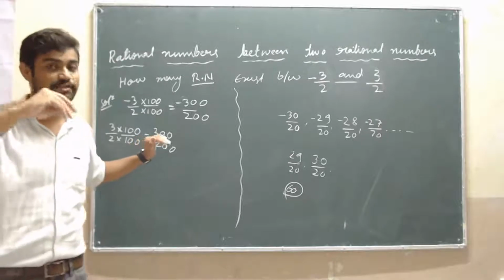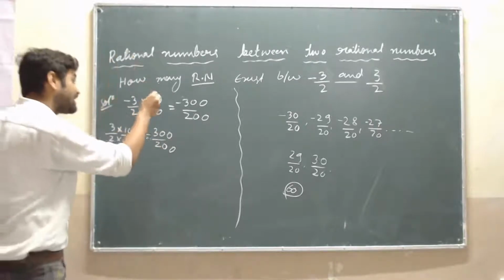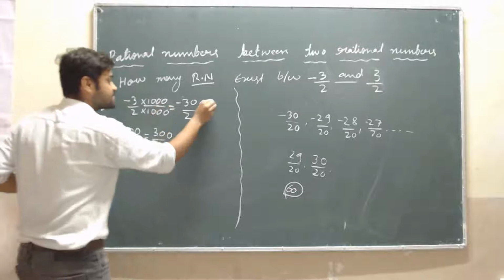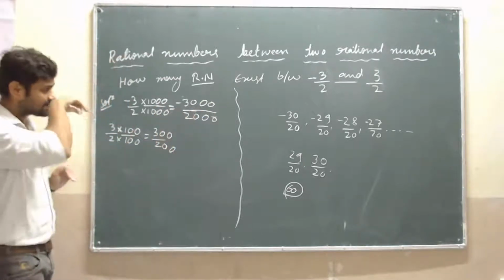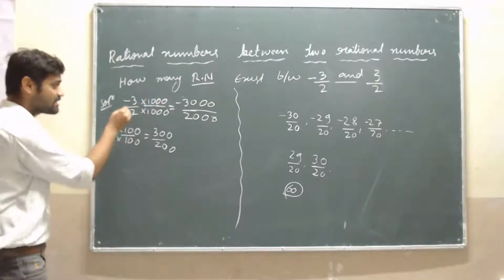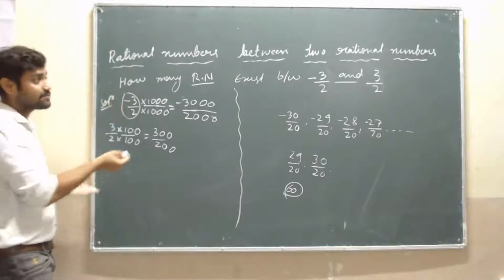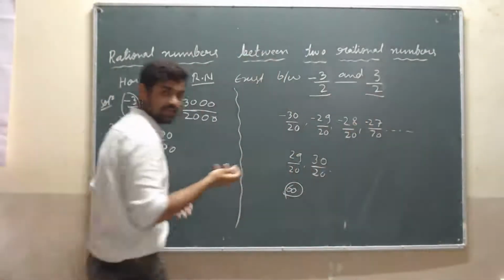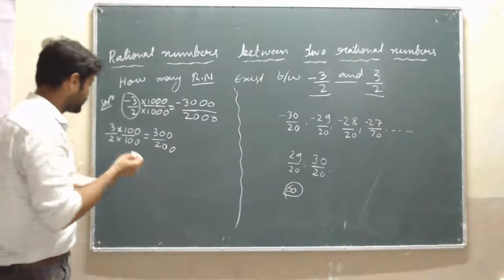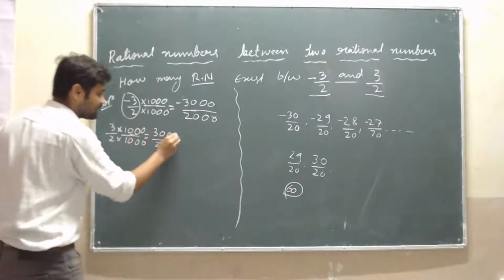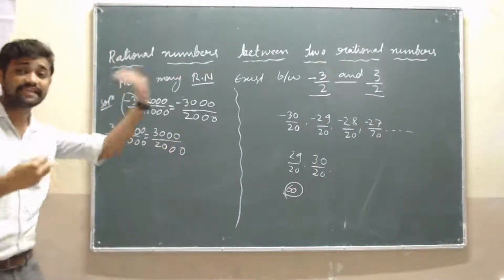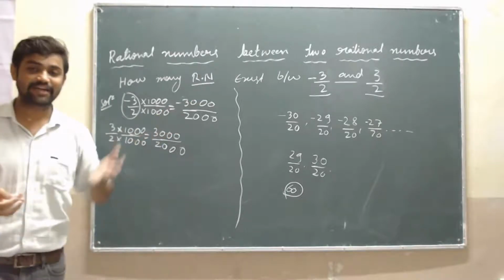Sir, there will be more. Not only more, again we can increase by this. Why sir? We will get the same answer. See here, 1000, 1000. What is the question? Minus 3 by 2 is minus 3 by 2. Are you getting my point? Okay, we can increase without limit.